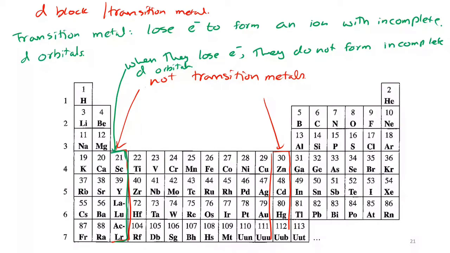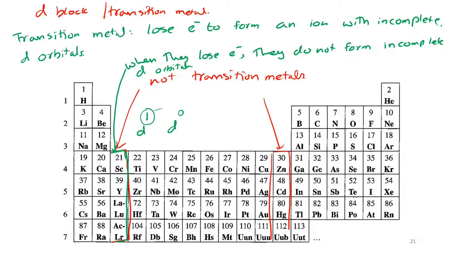For example, you can see that scandium ends with the electron configuration d1. There is only one d electron. And if scandium releases this electron, it is going to end up as d0. So there are no d electrons at all. That is why it is not really considered a transition metal.